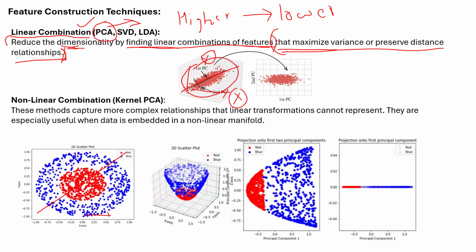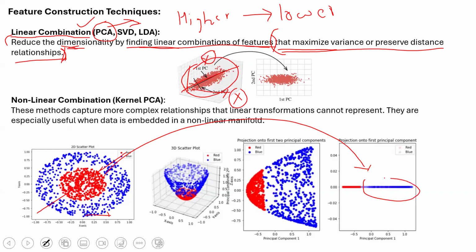Now the main goal here is I want to transform this data from this to this. Look at this, all the blues are separated, all the reds are coming at one place. How am I doing this? Just visualize this. I just have to separate these points. If you look at this diagram, I am lifting all these points into a 3D space. This is a 2D space, and now I am moving all these blue dots to a 3D space.